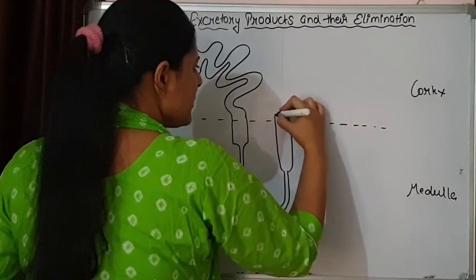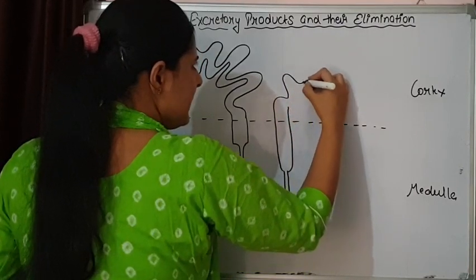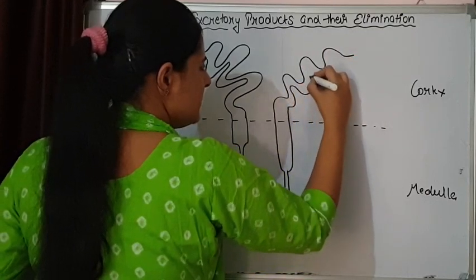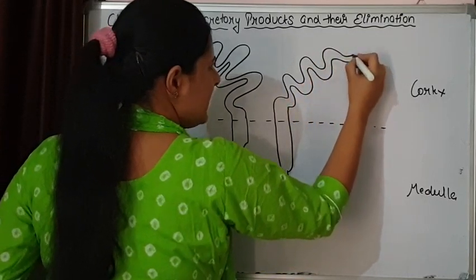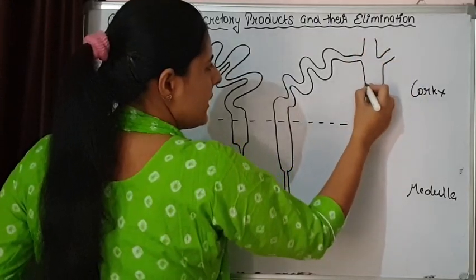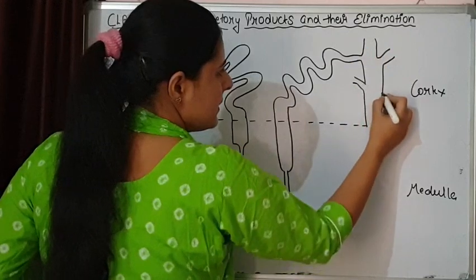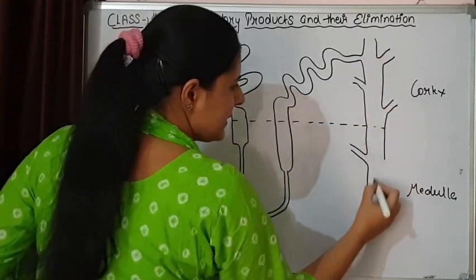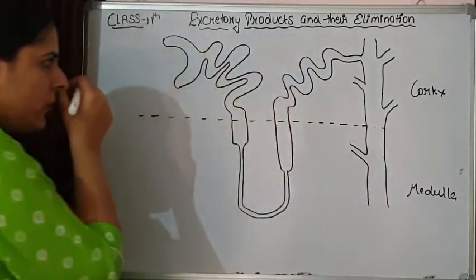And here it is going to open into the DCT, and this DCT is finally going to open into the collecting duct. And this collecting duct is later going to form the duct of Bellini.